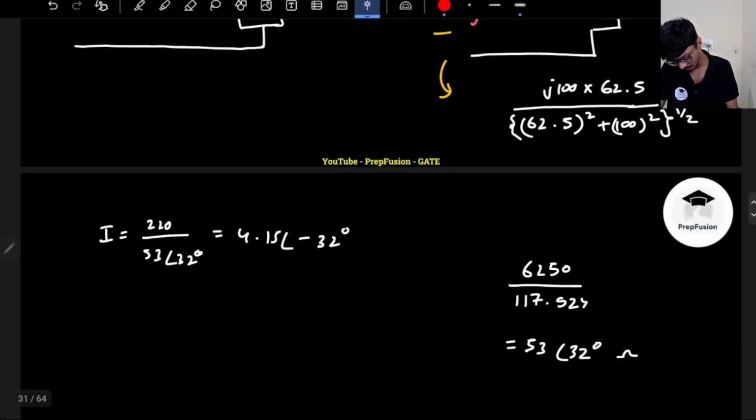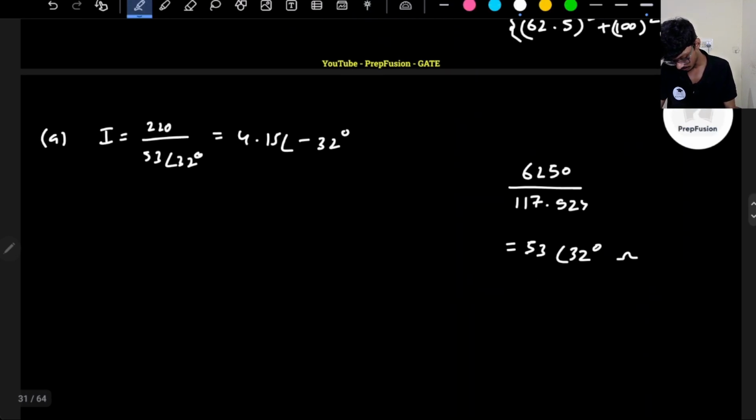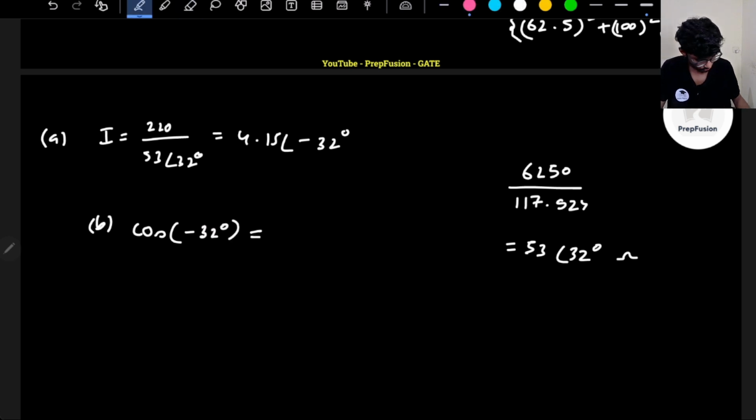Power factor, this is the first part. Okay, the second part will be power factor. Power factor will be cos of minus 32, right? So this will be equal to 0.848.